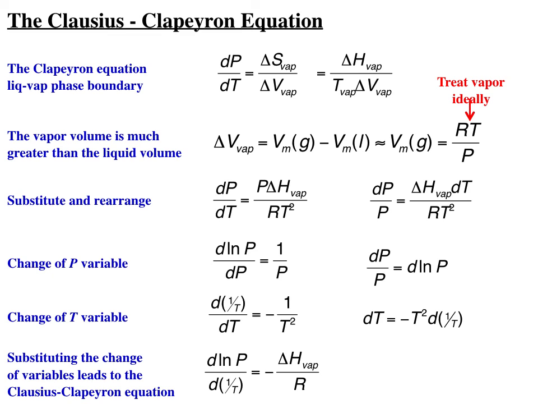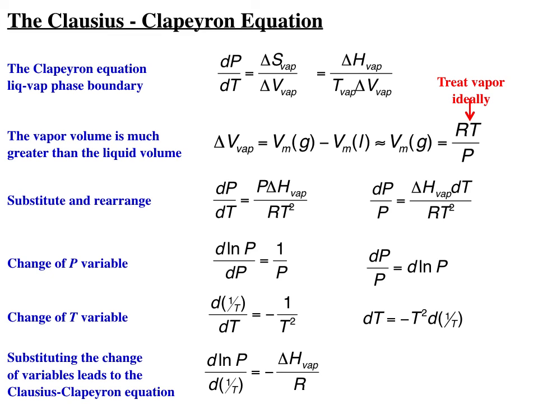And the integral of 1 over P is ln P, or when I'm rearranging that, I can do the change of variable: d ln P/dP is 1 over P. And so if I put the pieces together, dP over P, just rearranging, is d ln P.